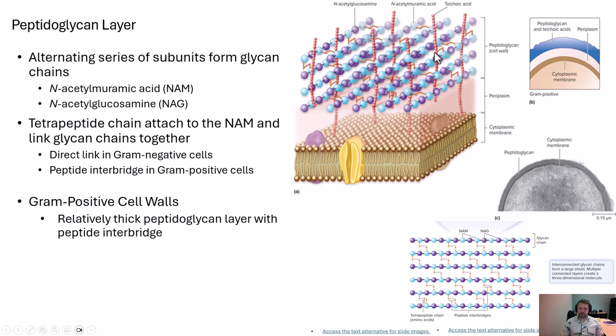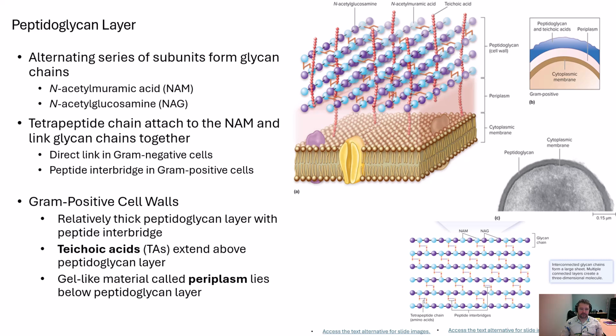And we talked about it again, there's a periplasmic space between the peptidoglycan layer and the cytoplasmic membrane. This just provides an extra layer of protection. It's kind of like a jelly-like form, so things don't just flow through, but it also provides a gap between the peptidoglycan layer and the phospholipid layer, or the cytoplasmic membrane layer.